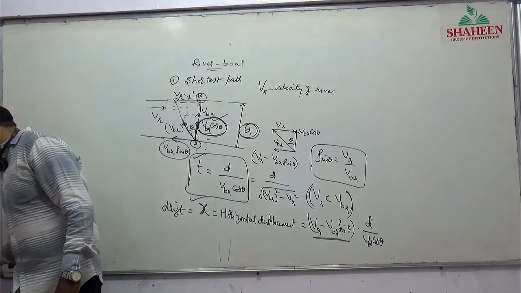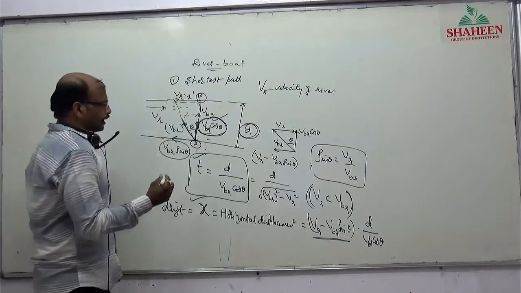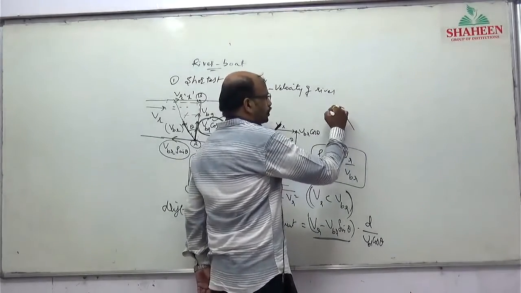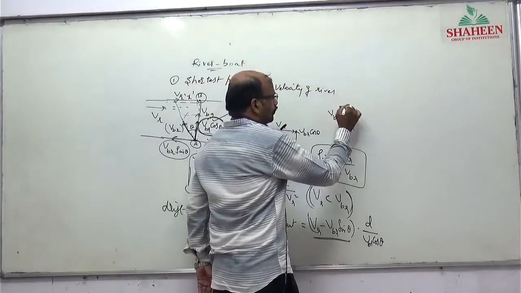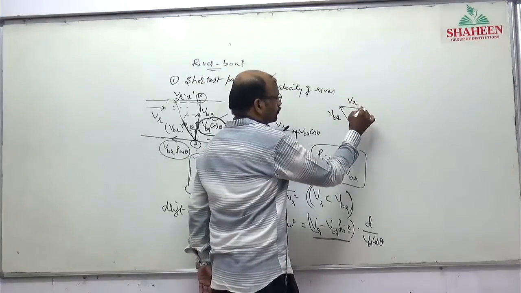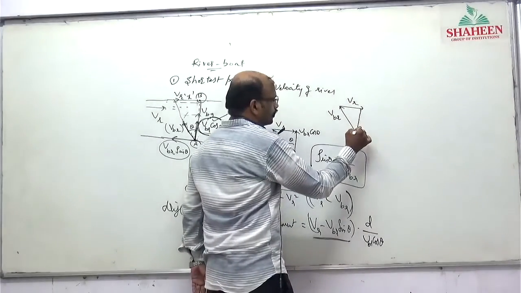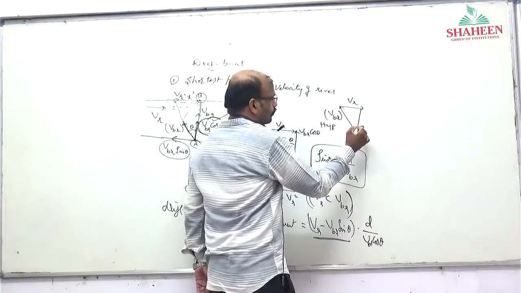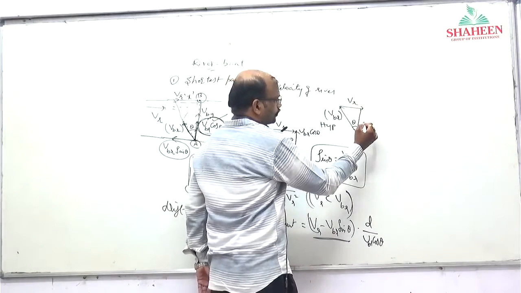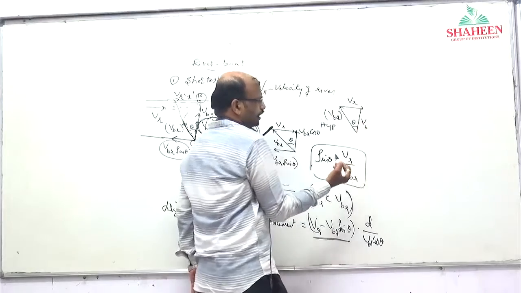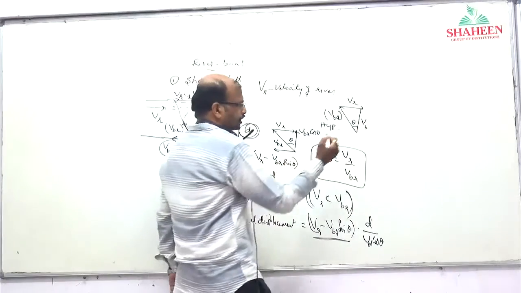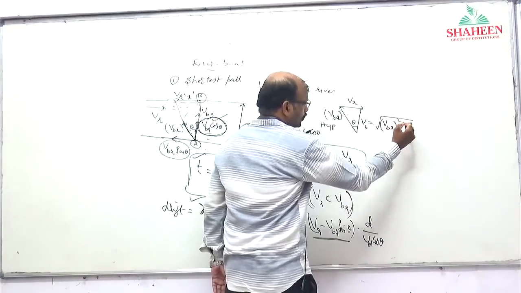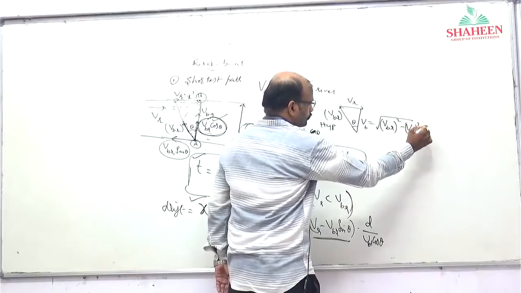No, here actually VBR is in this direction, VR is in this direction. This is the hypotenuse. From this right angle triangle, this is opposite, this is adjacent. Adjacent is VB, that is equal to the square root of hypotenuse squared minus opposite squared.